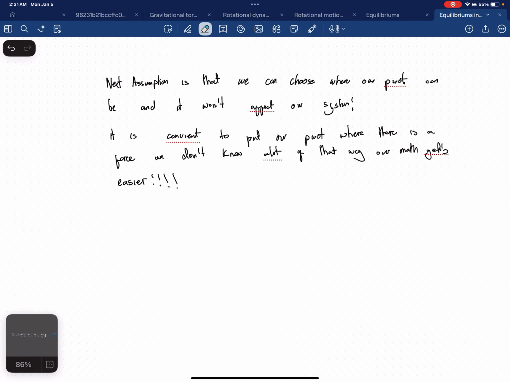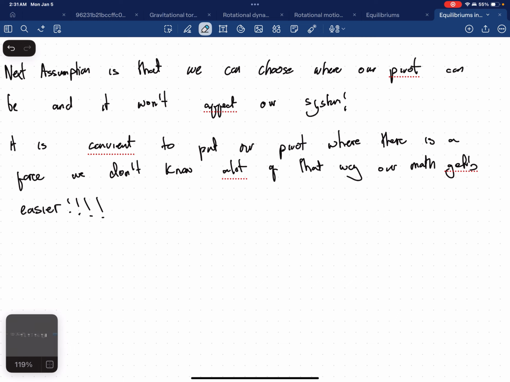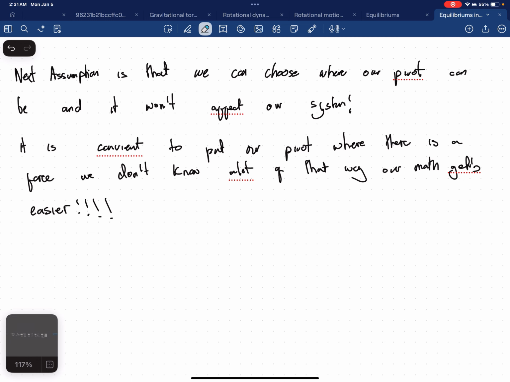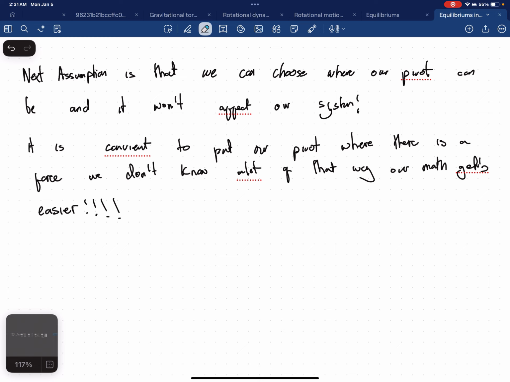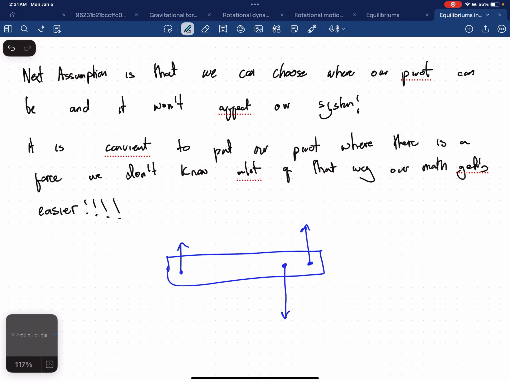We have one more assumption that I want to do another example on, just to keep this video kind of short. The next assumption that we can make, really, is that we have the power to choose where our pivot is. If I have my diagram here from our previous problem, I told you that the pivot is going to be here.